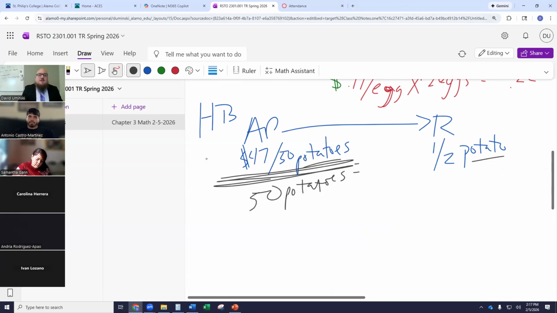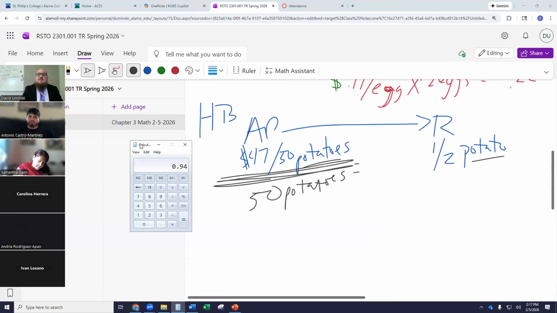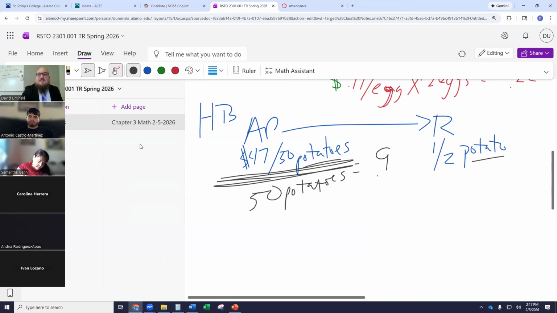That will give me my cost, 94 cents per potato. You see how it's exactly 94 cents? Exactly 2 decimal places. We leave it alone. It stays 94 cents, and that's per potato.